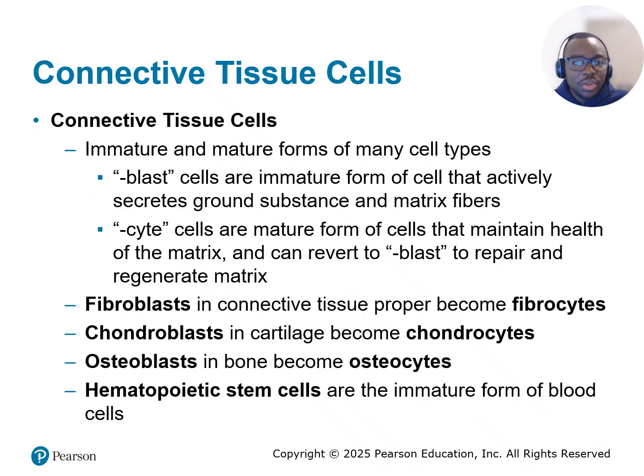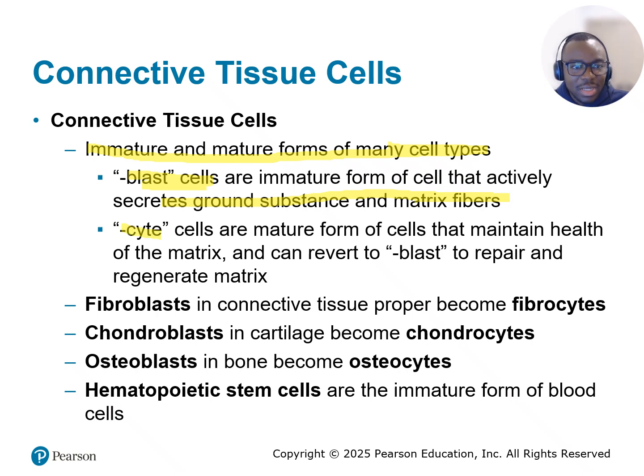Now let's review connective tissue cells. There are two main types of cells: immature and mature cell types. Immature cells are called blast cells, and they typically secrete ground substance and the matrix fibers.